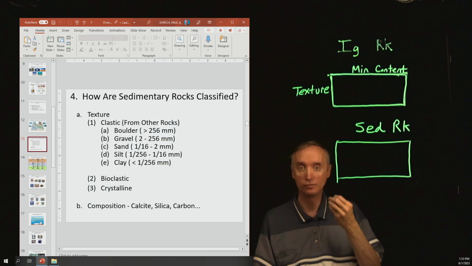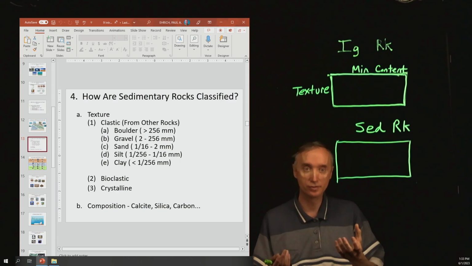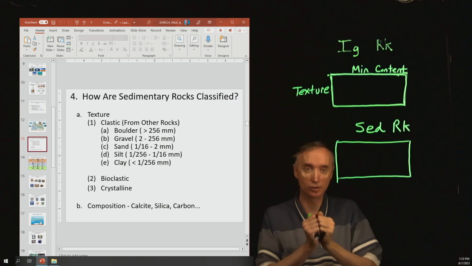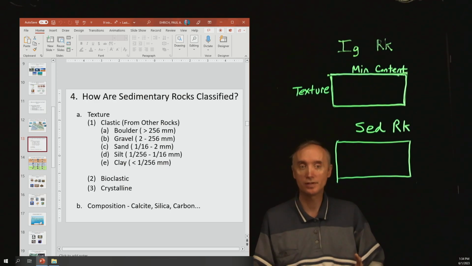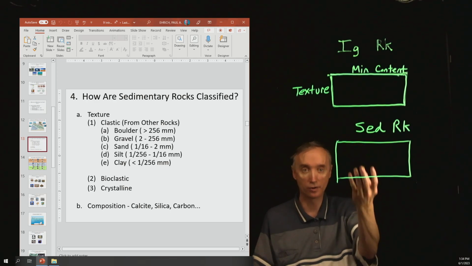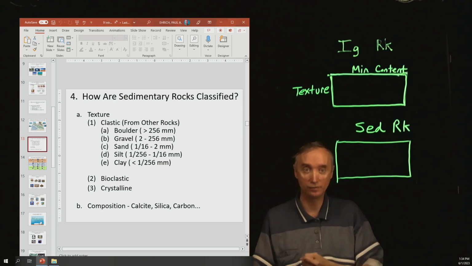It was made from living organisms that made shells and things, and then those shells were glued together. It also can be made directly from the precipitation of water in crystalline form. So those are going to be your three main kinds of textures.